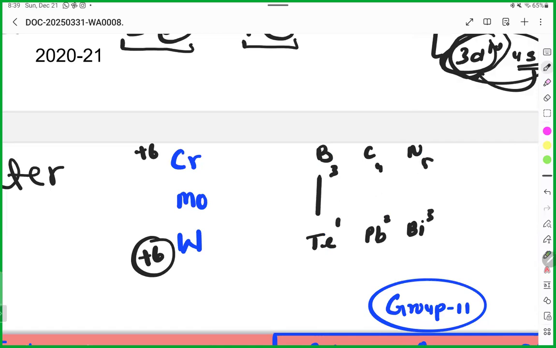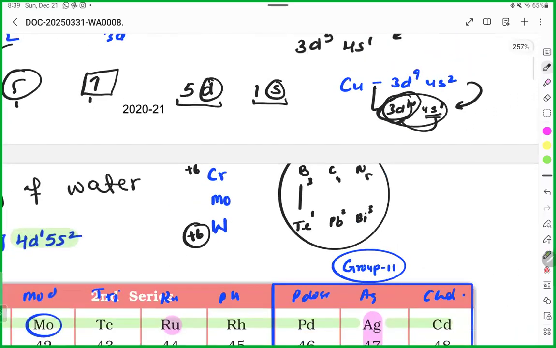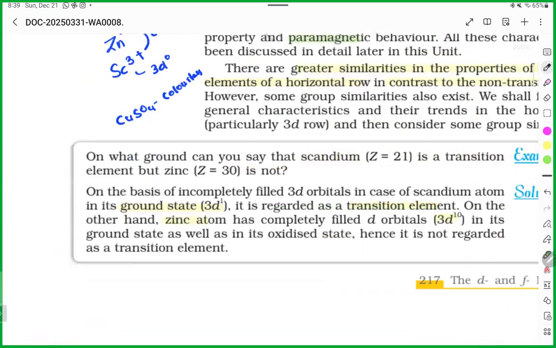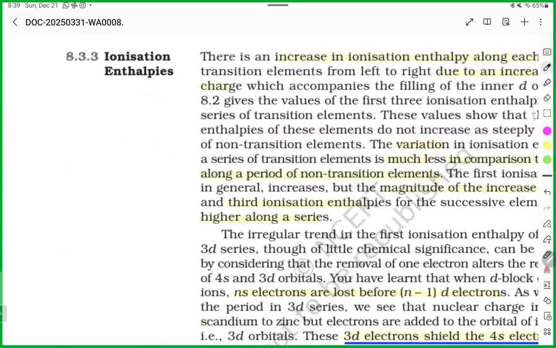Here it is reducing in p block, but in d block, it is opposite. Understood? Make sense, guys? Any doubts?